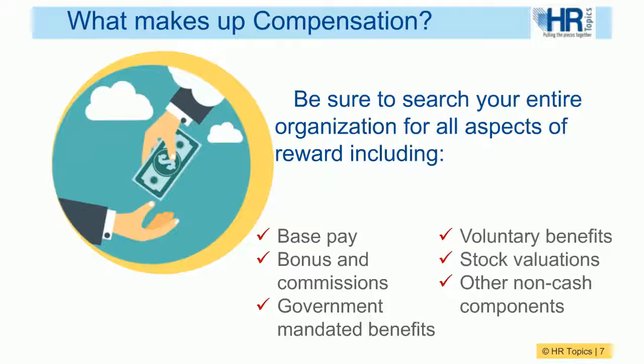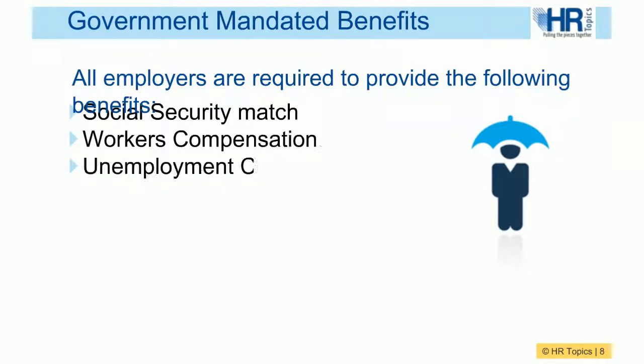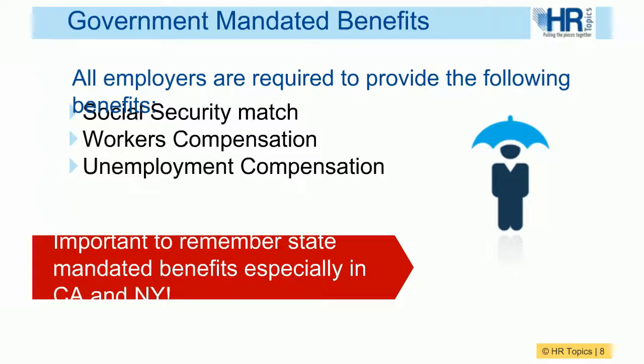So here are just some ideas that are sort of the basics, if you will, and I really encourage you to think about going through your employee handbook page by page so that you pick up absolutely everything and that you're not forgetting about those government mandated benefits.